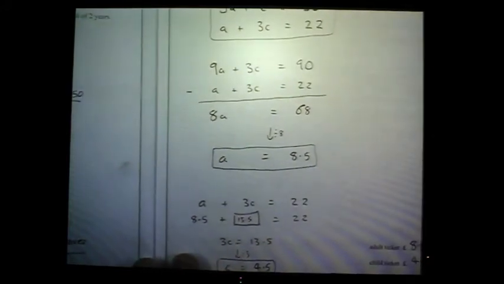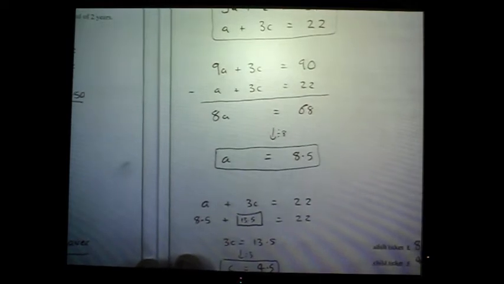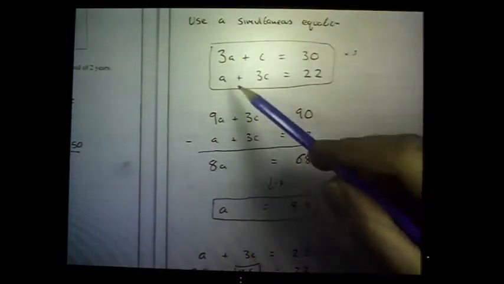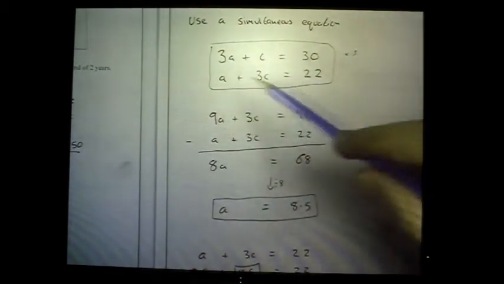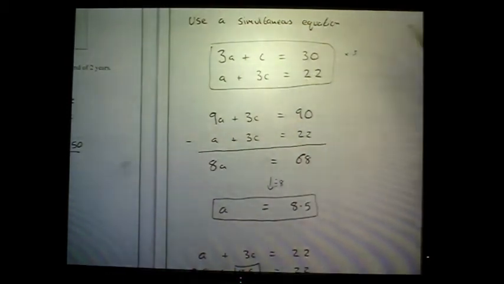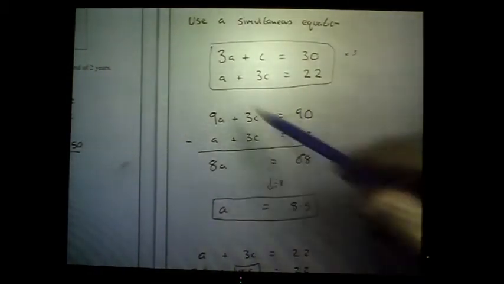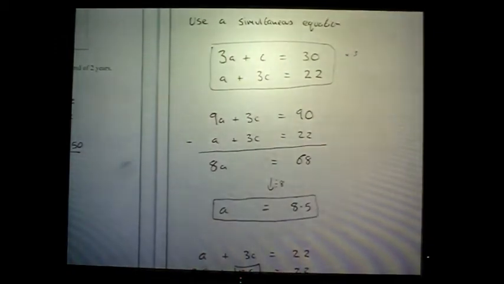Next bit, what you do is if you know A is 8.5, and the posh way of saying this is you substitute it back into one of your original equations. It doesn't matter which one you use. I've used the bottom one, A add 3C is 22, just because I couldn't be bothered to multiply 3 times 8.5, but you can do whichever one you want. So there you go, A add 3C is 22.